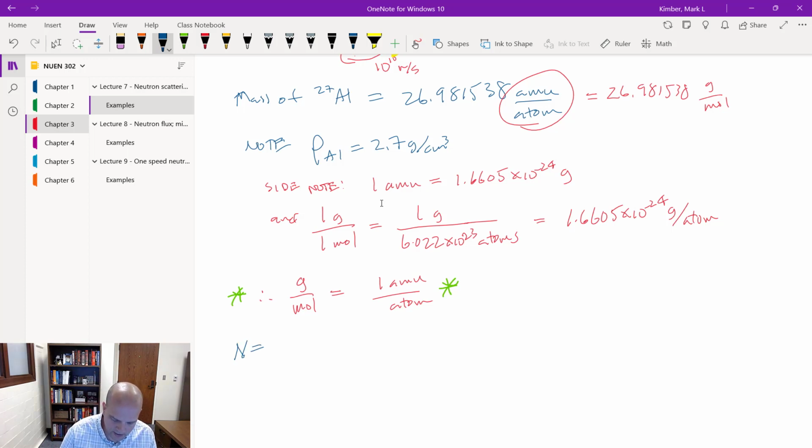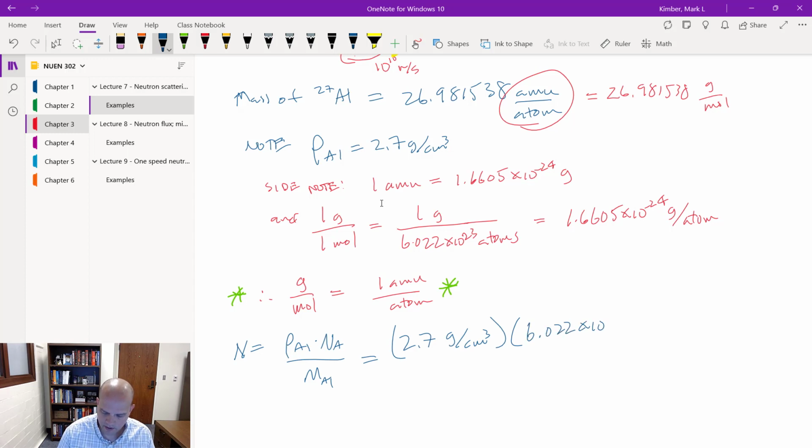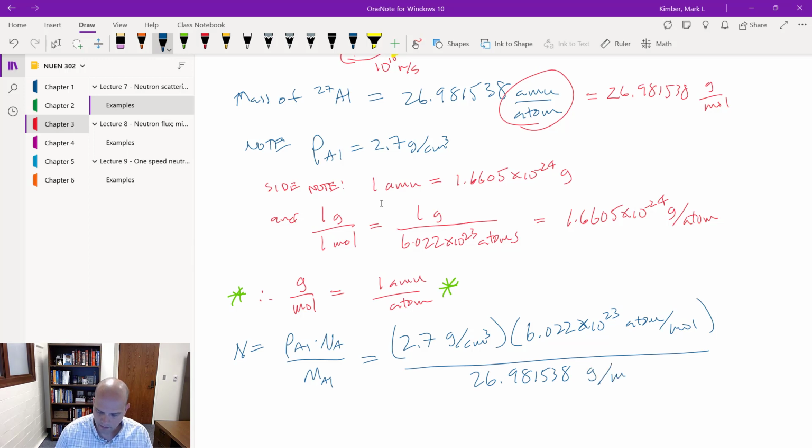That's what I'm going to use to calculate my atom density in the aluminum. And so my atom density is going to be the density of the aluminum multiplied by Avogadro's number divided by the molar mass of this aluminum, and so that's going to be equal to 2.7 grams per centimeters cubed. Avogadro's number is 6.022 times 10 to the 23rd atoms per mole, and then divide by the molar mass, which is 26.981538 grams per mole.